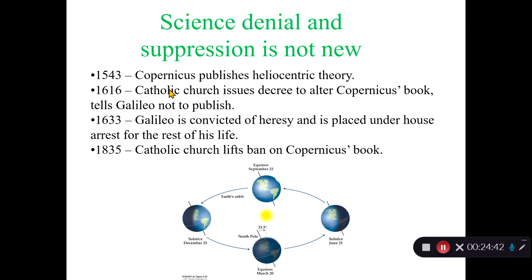And as you can see, there was a lot of denial within the Catholic Church, so it issues a decree to alter it, tells Galileo not to publish it, right? Galileo gets convicted of heresy, right, and gets arrested. And it wasn't until 1835, right, that the Catholic Church lifted the ban on Copernicus's book. So scientific hypotheses and theories can be very controversial, and this is, again, not a new phenomenon.